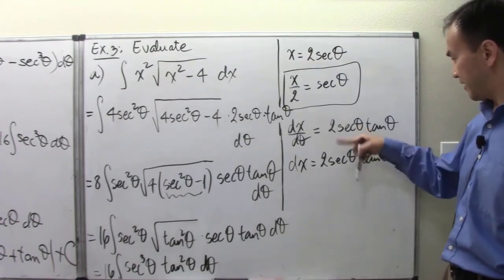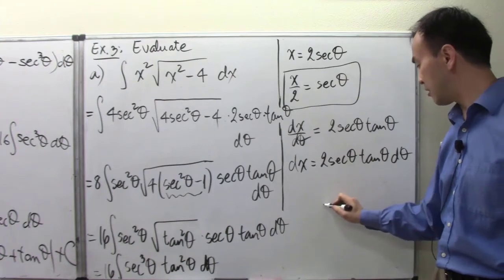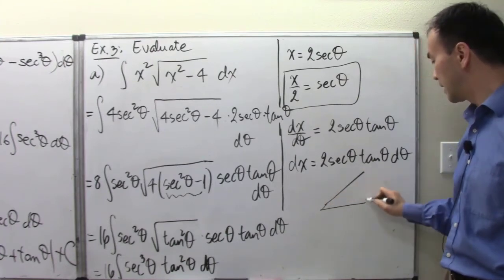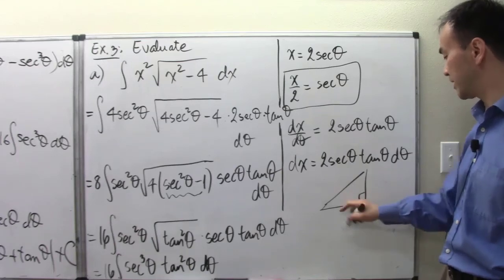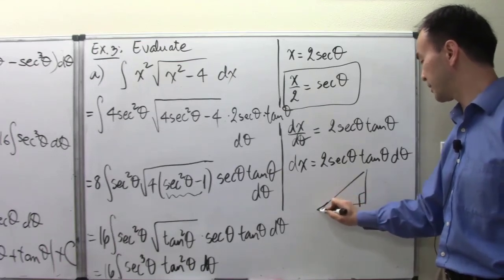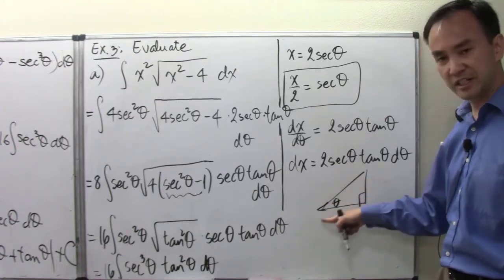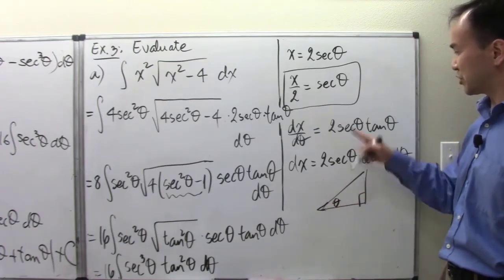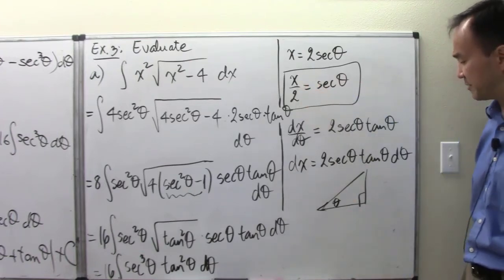Further, now let's place things on a triangle again. In our triangle, there's a right angle right there. Aside from that right angle, we can put our angle theta anywhere among the other vertices. So I put my theta here. Secant equals x over 2. I've made this argument many times before.